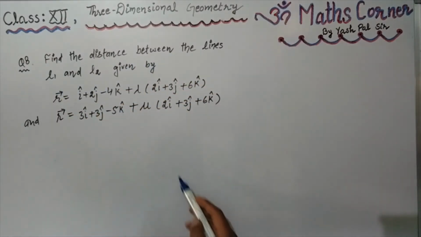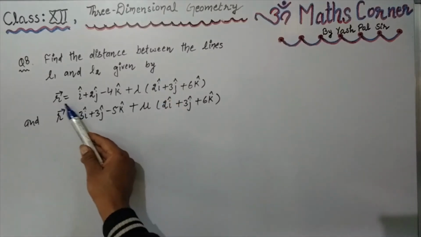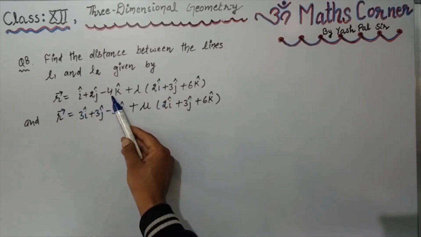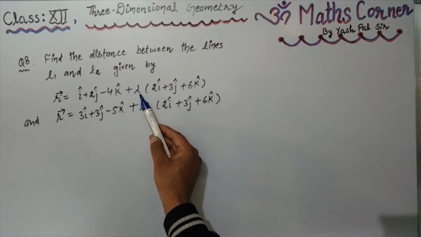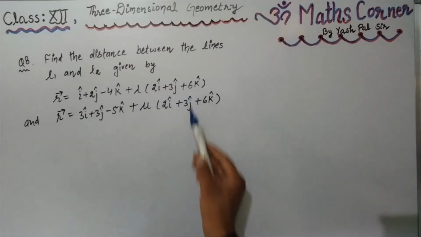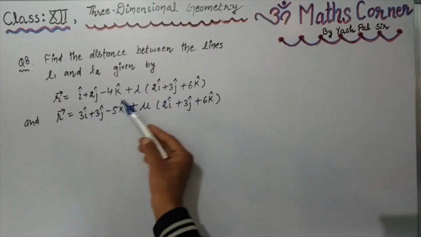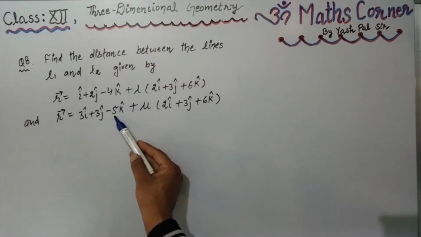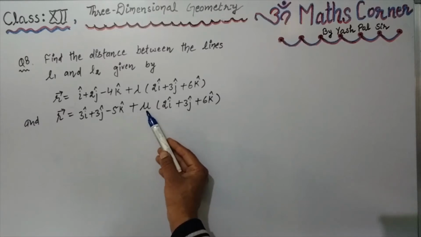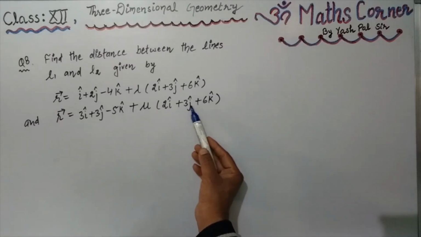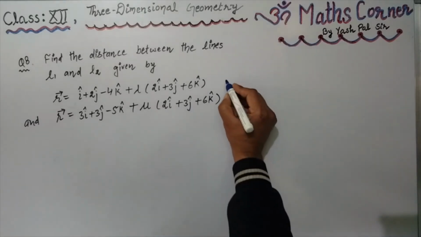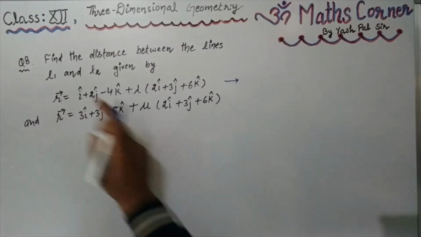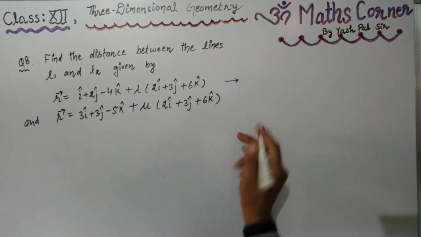Now question number 8. Find the distance between the lines L1 and L2 given by vector r equals i plus 2j minus 4k plus lambda into (2i plus 3j plus 6k), and the second line, r vector equals 3i plus 3j minus 5k plus mu into (2i plus 3j plus 6k).